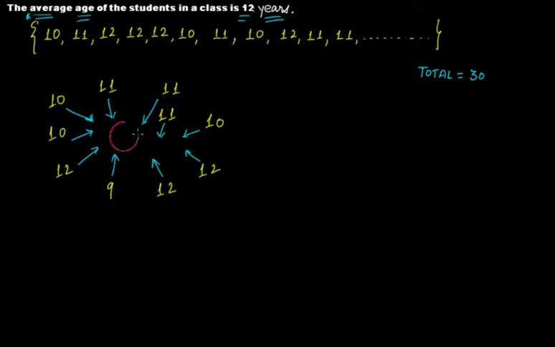If this value can be found, then that will be the average value, and this average value is actually the representative value or central tendency.